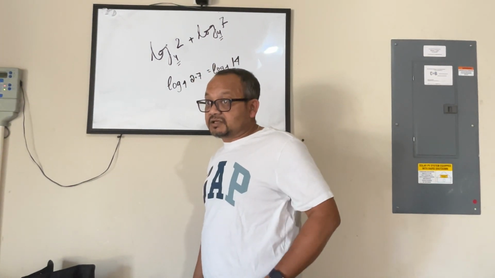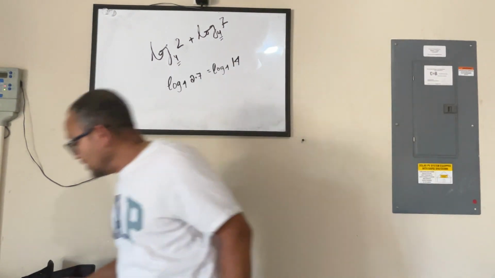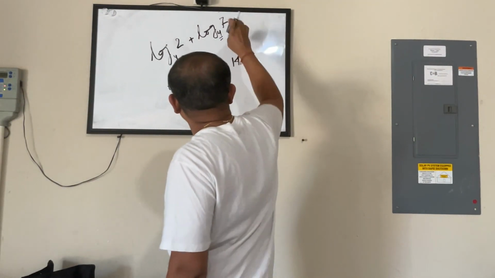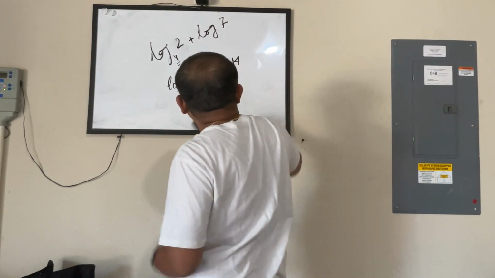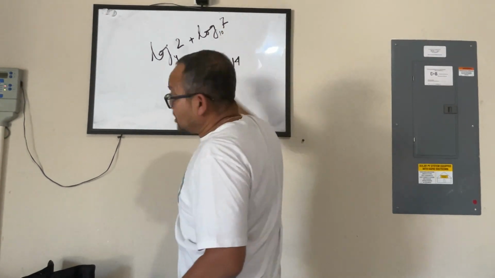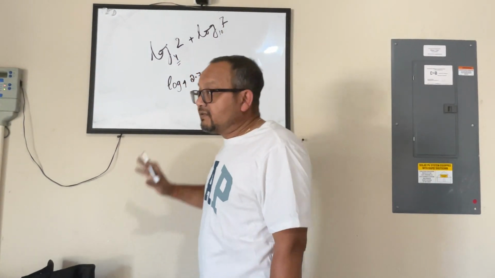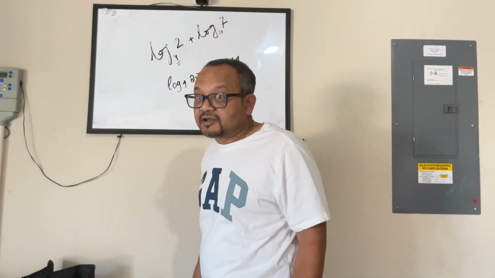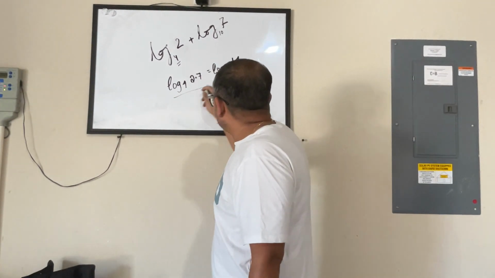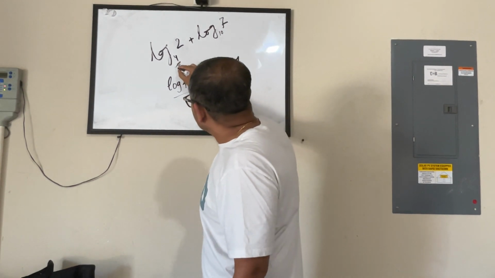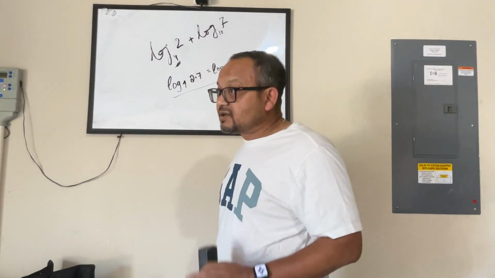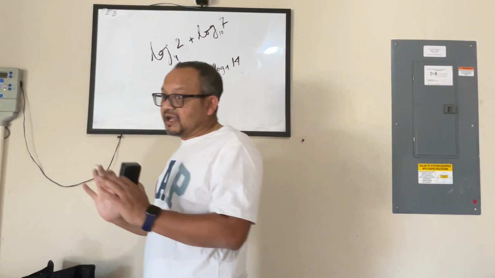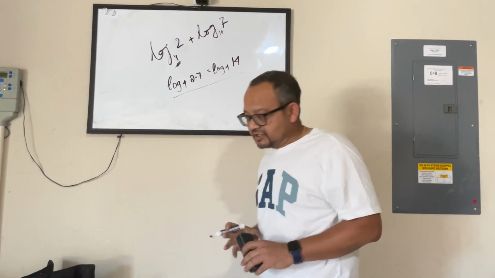If somebody is having a mischievous intent, they will trick you by putting a 10 here, and then you will get tempted to say, okay, this is plus, so this is multiplication, I'll do it. But then you might go wrong. So always just be careful with the base. As long as the base part is seen carefully, it's easy. Okay?